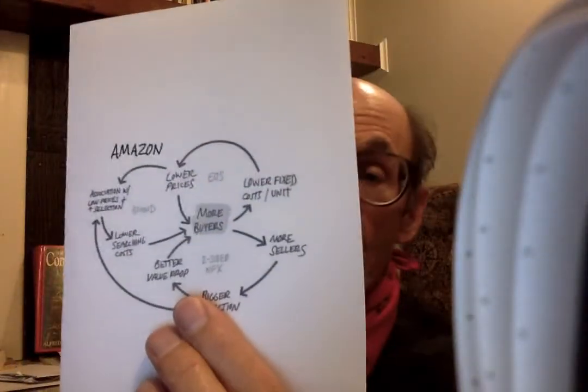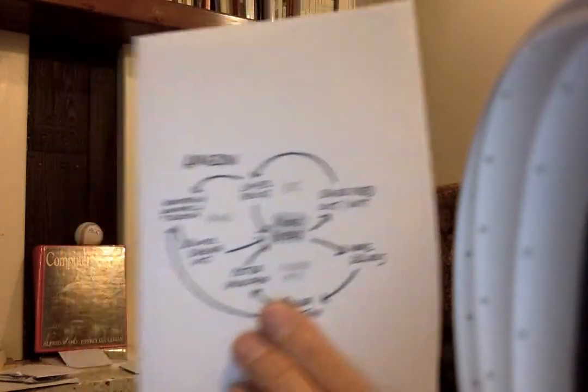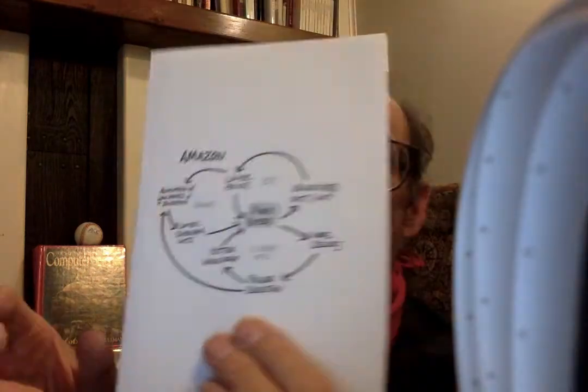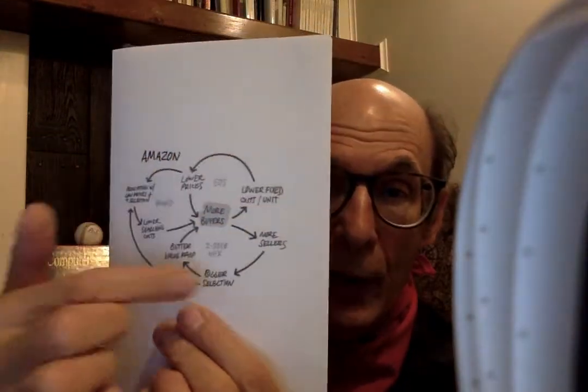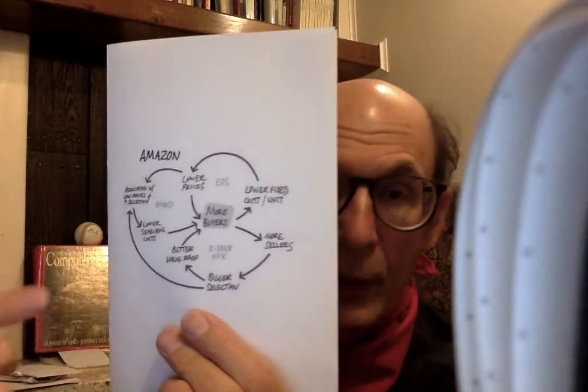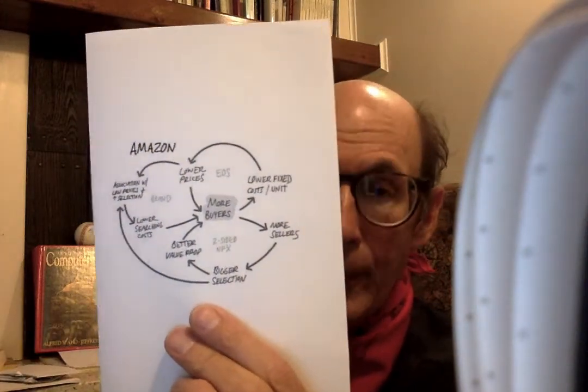And the central thing here, as far as this picture is concerned, is more buyers. The thing is, this is a graph. And so someone at Amazon, I'm sorry, I forgot the guy's name, drew this picture to describe how the Amazon principles were related to each other.